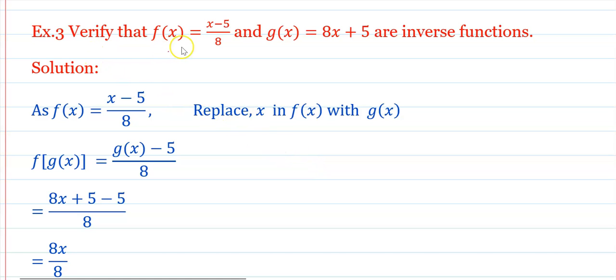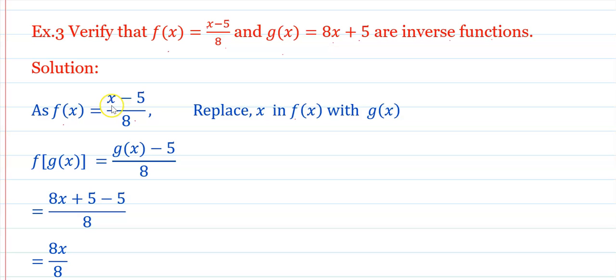Verify that f of x is equal to (x minus 5) upon 8 and g of x is equal to 8x plus 5 are the inverse functions of each other. Now f of x is equal to (x minus 5) upon 8. Replace this x in f of x with g of x.